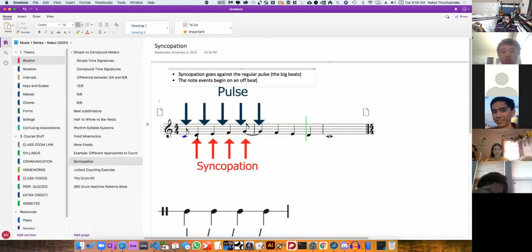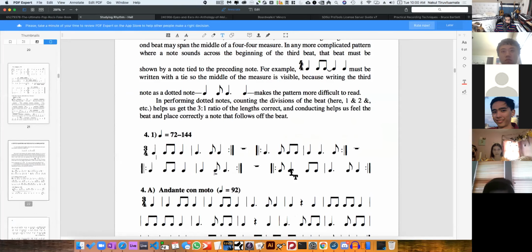So you can see how this is a measure chock full of syncopation because there are many offbeats. You can have one example of syncopation here where the only syncopated beat is this beat right here, because it occurs on an offbeat. If you're counting the pulse of the time signature, 1, 2, 3, it feels syncopated, right?